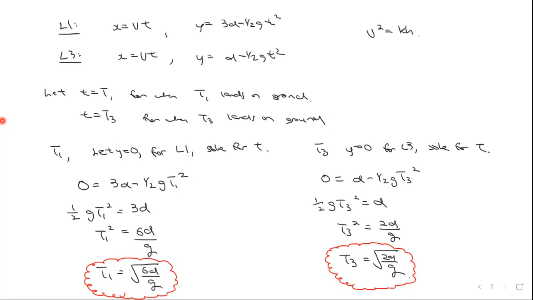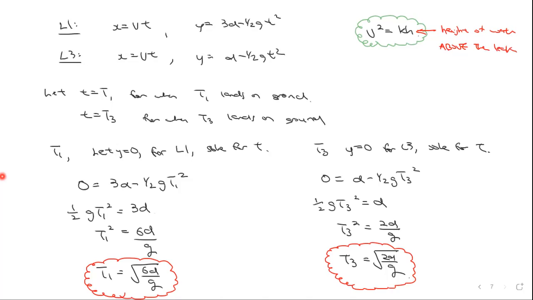Now we're going to need to use those times to find the range and hope that they're the same. That means we now need to involve our x parts. The y parts are done; they've done their job. We now need to use v squared equals kh, remembering that h is the height of the water above the leak. Pay attention to that. Which kind of makes sense, right?